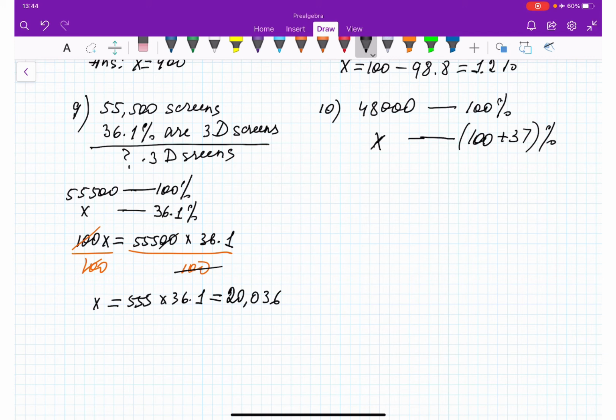So if 48,000 today is 100%, then in 10 years that's going to grow by 37%. It's going to be 100 plus 37%, yes? And it's asking us to find the predicted number of physician assistants after 10 years, and it's going to be X here.